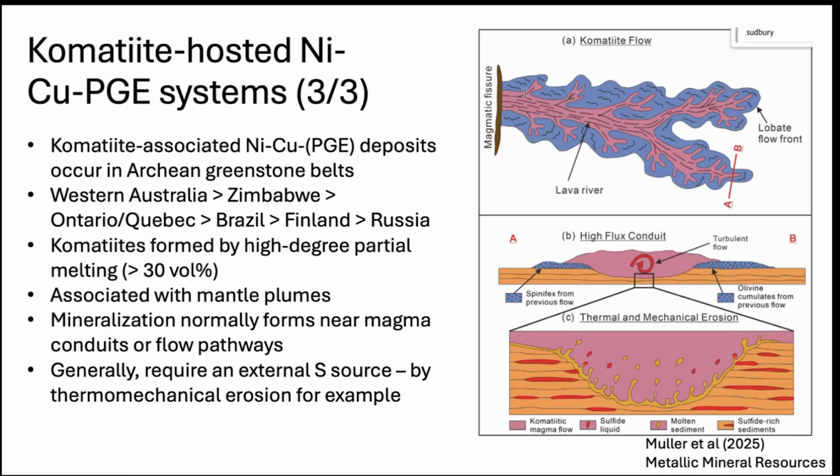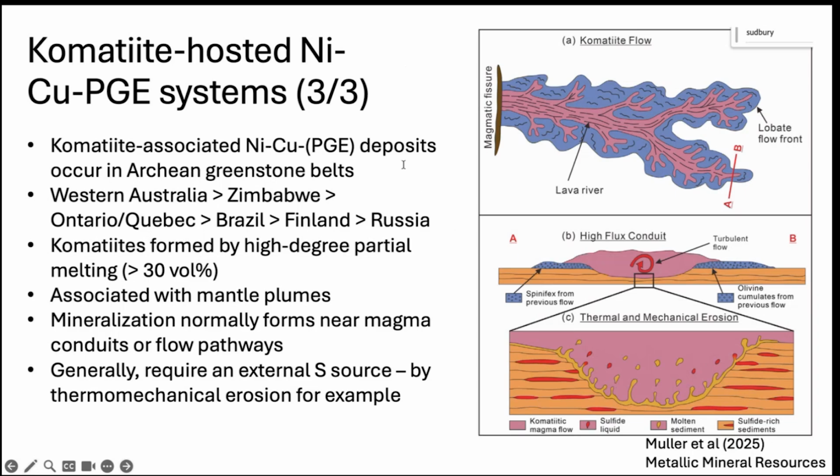And so you can see a sort of flow like you might see from a Pahoehoe flow in Hawaii or something like that. And then in the bottom cartoon, we have a cross section showing the thermal interaction between the komatiitic liquid and the underlying rocks. This is called thermomechanical erosion by the melt, or by the lava, of those underlying rocks. And that's probably where the melt gets its sulfur from.